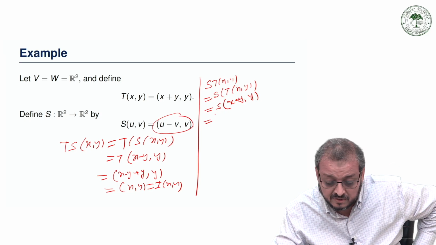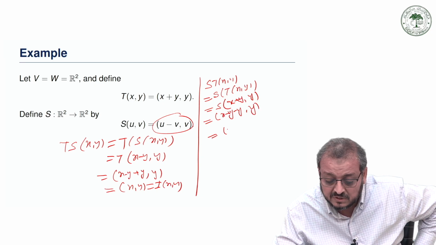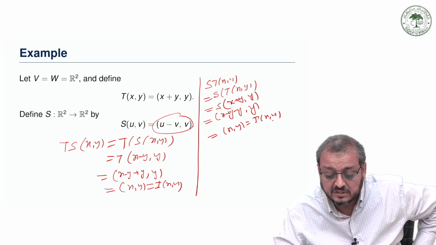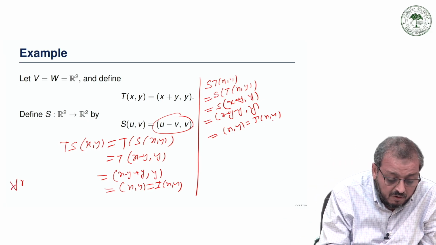So this is x plus y minus y and y, and this is again x y, equal to identity of x and y. So this is for all x and y elements of R2.